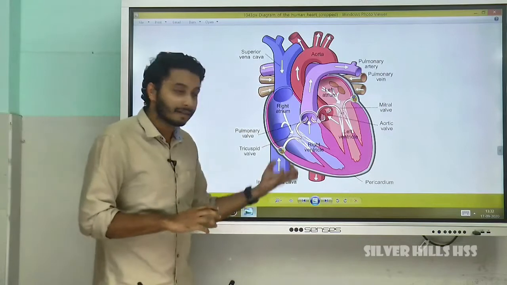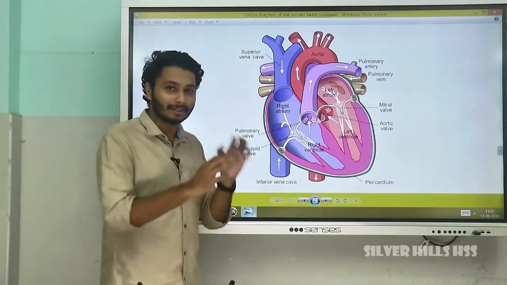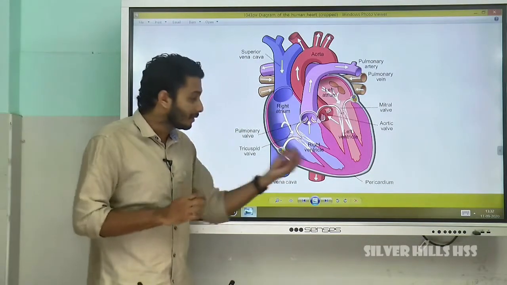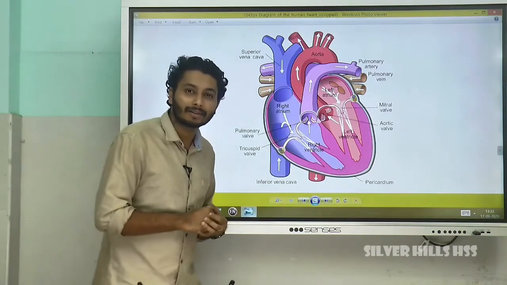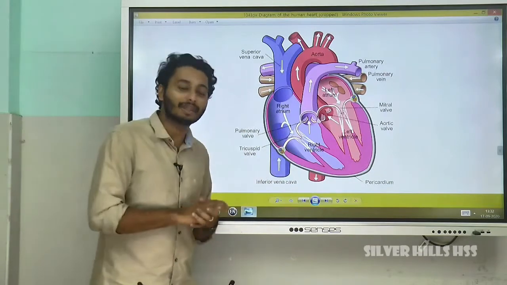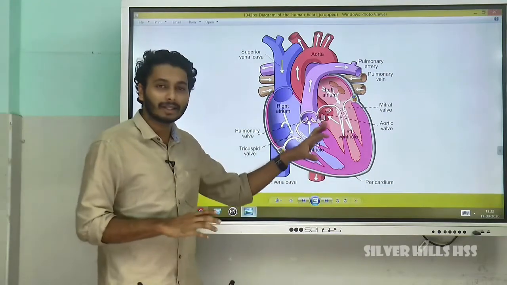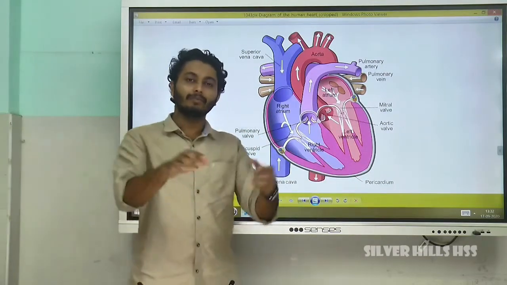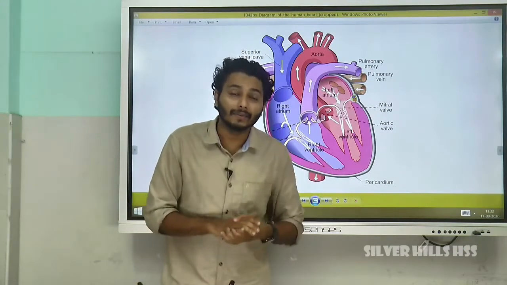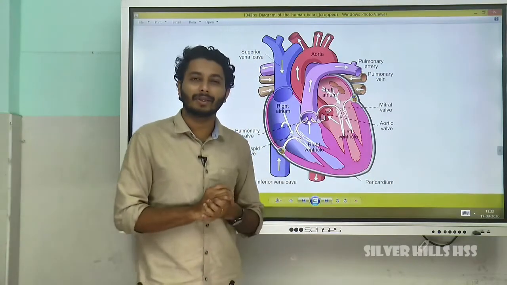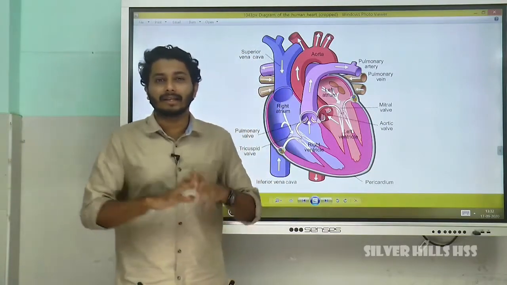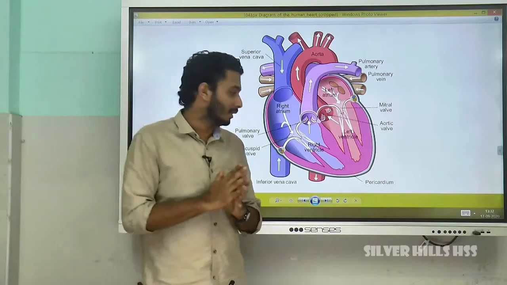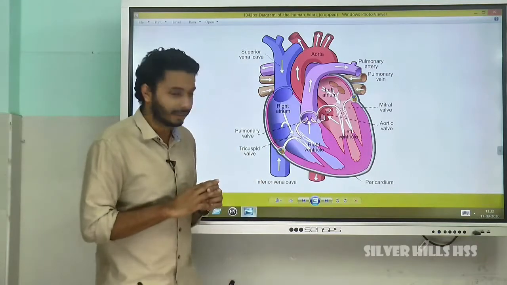The heart consistently beats, so there is movement in the heart. There exists a force which opposes the motion of this heart. The force is definitely friction. Friction develops between the heart and the body membrane. So it has to be reduced, and it is reduced by means of the pericardial fluid. Here the pericardial fluid acts as a lubricant, thereby reducing the friction between the heart and the body membranes.